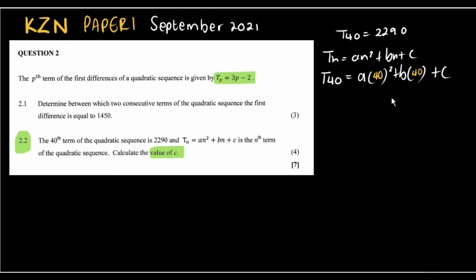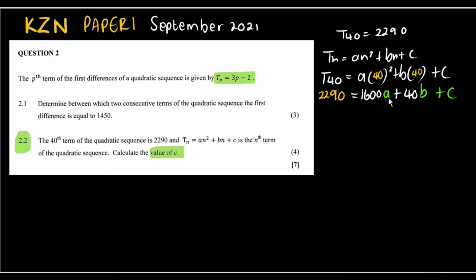And we know that T40 itself is equal to 2290. So we can go ahead and simplify this. A times 40 squared will give you 1600, multiplied by a, so we still have a there, plus b times 40, that is just plus 40b, and then plus c.